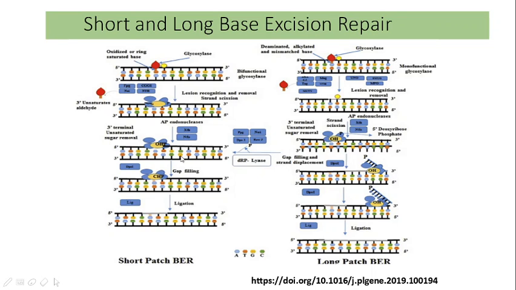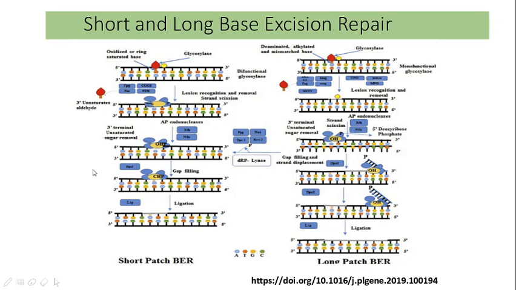See, when you take short patch BER, a single nucleotide gap will be generated, which will be subsequently filled and ligated, whereas in long patch BER a gap of 2 to 10 nucleotides will be generated and it will be filled and ligated. Okay, so this is a major difference between short patch BER and long patch BER.